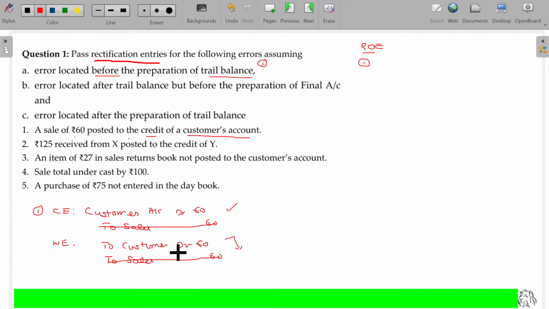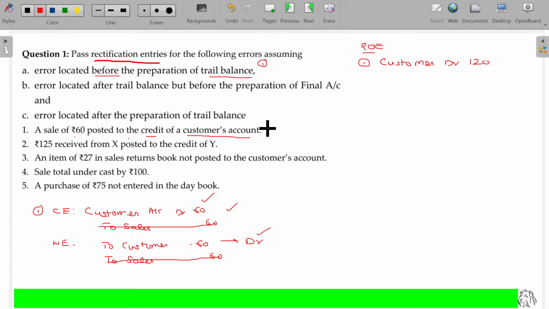This credit will now become debit, so this should be debited. This one is also customer debit. Means you have customer debit in total. Customer account debit for this 60, so you have to post 120 rupees here.